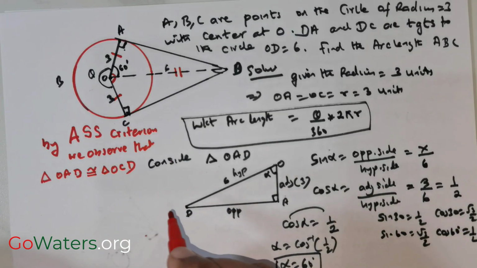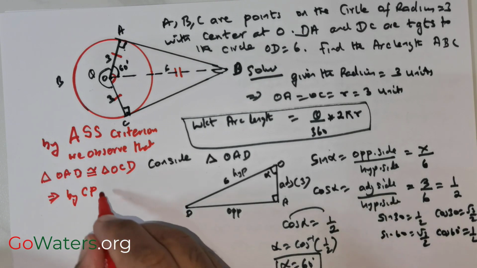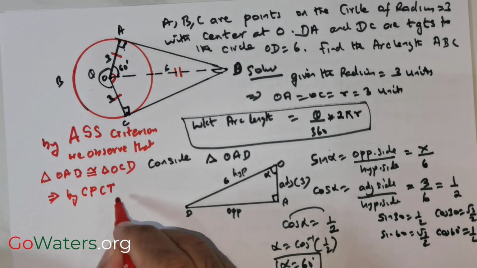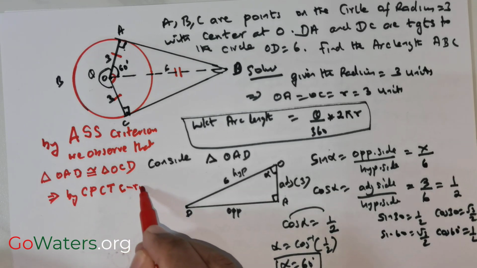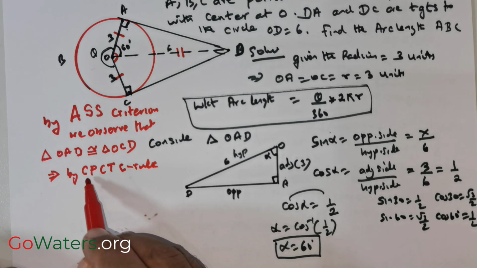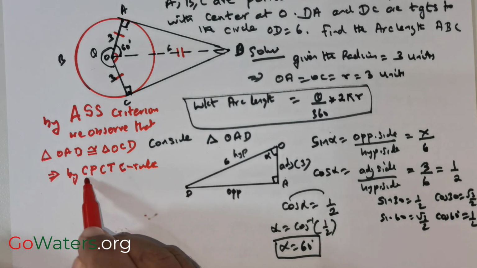Now because they are congruent, this would mean by corresponding parts of congruent triangles, their values would also be congruent. Okay, this is a rule. So the statement is corresponding parts of congruent triangles are congruent. So that is the statement.